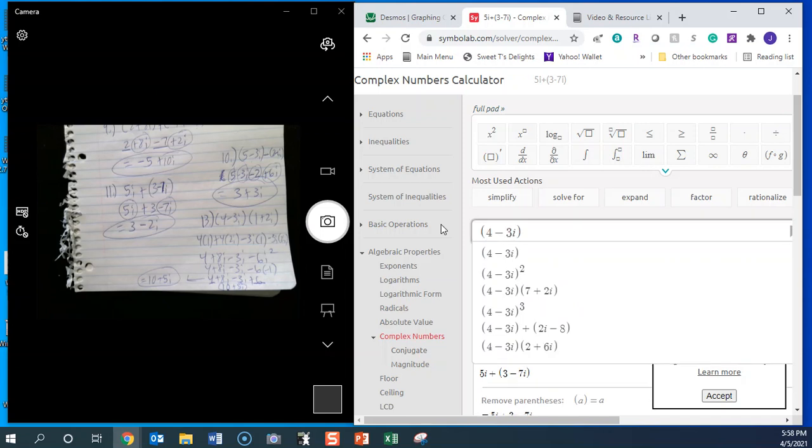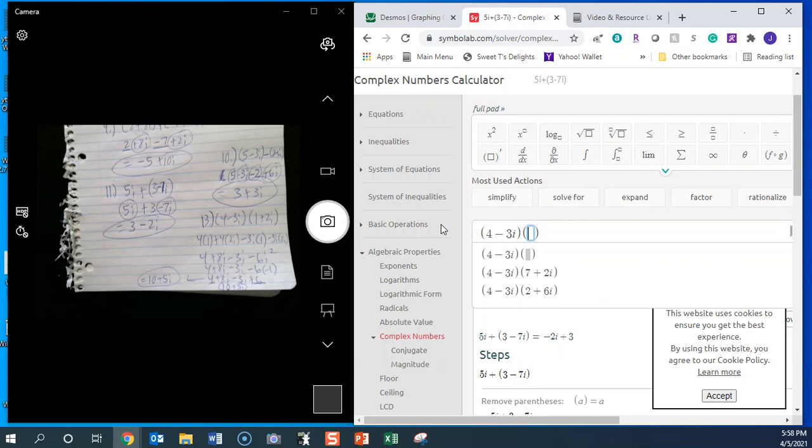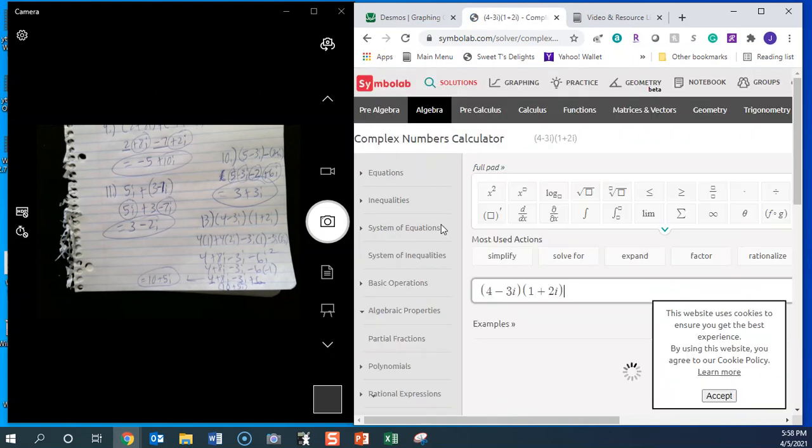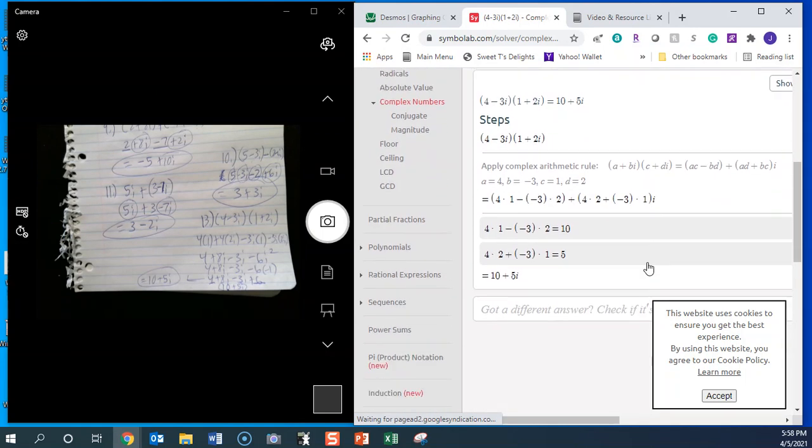Then our other parenthesis of 1 plus 2i. Then press enter. And we have our answer here, 10 plus 5i, which we have.